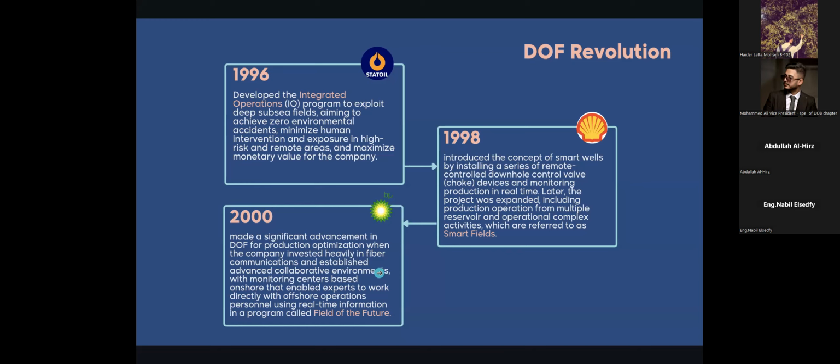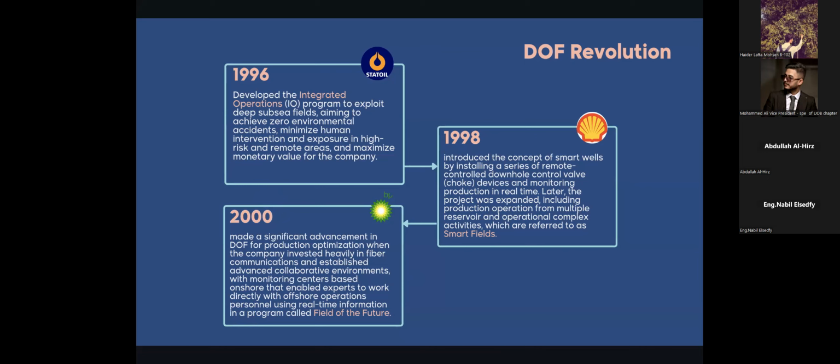BP used fiber optics to send the sensor data from the wells to the data center and database. BP utilized that in 2000, brought the most advanced technology of that time to the oil and gas industry, and got value from it.